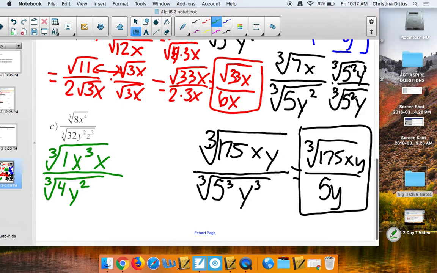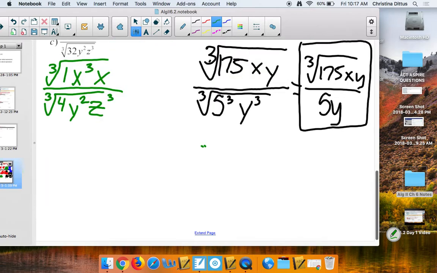I don't want to break it down because I don't have a z on top or anything, so I'm just going to leave it. First thing I like to do is pull stuff out, kind of like when we pulled out greatest common factors when factoring. I like to pull stuff out before I rationalize, because if you don't, you might be multiplying by too much.